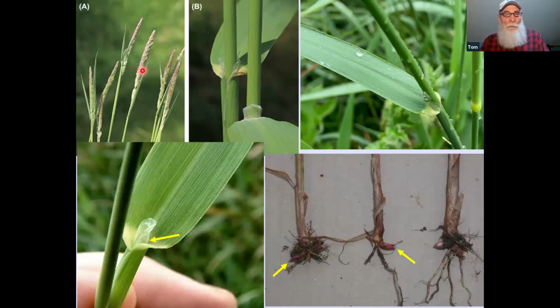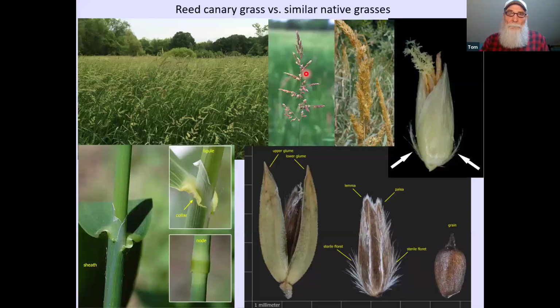Then it opens up when it's ready for pollination, and then it will contract again later on. This is an inflorescence later in the growing season after pollination is done and seeds have formed, and it kind of contracts back down somewhat.